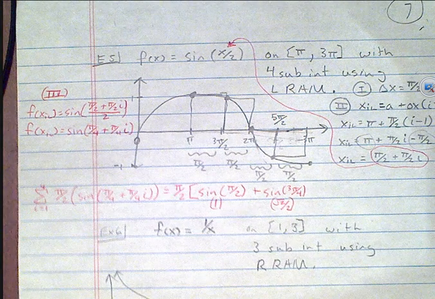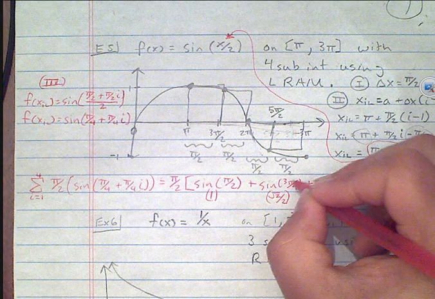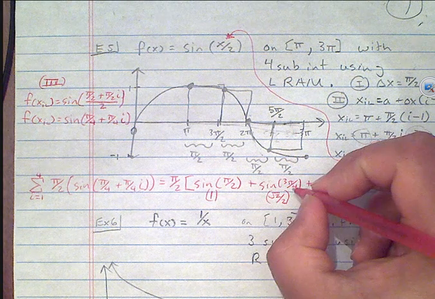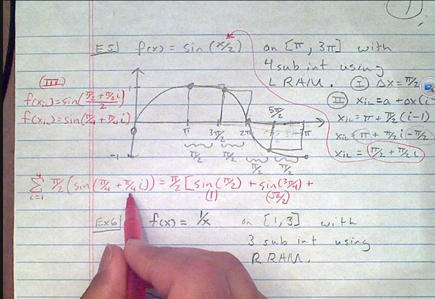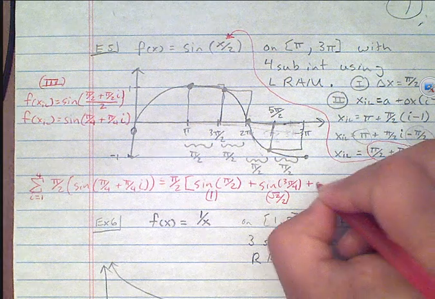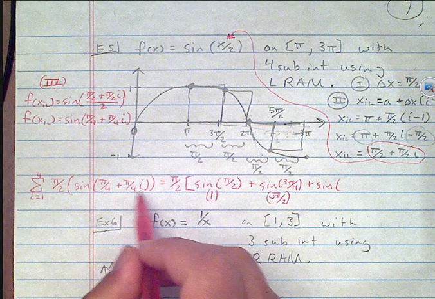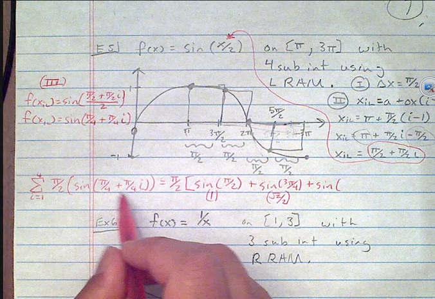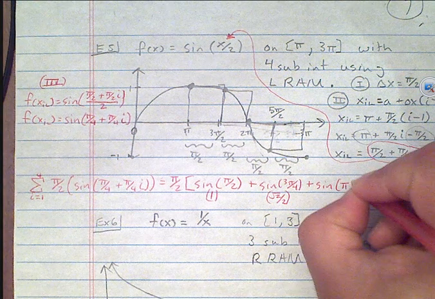And then the next one is going to end up being, so you see the pattern here, hopefully, well, I'm basically adding pi over 4 every time. So the next one's going to be sine of pi over 4 plus pi over 4 times 3. So that's 3 pi over 4 plus pi over 4 is 4 pi over 4, which is sine of pi, which is 0.